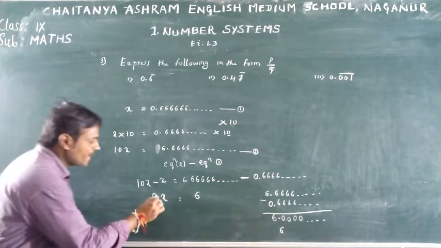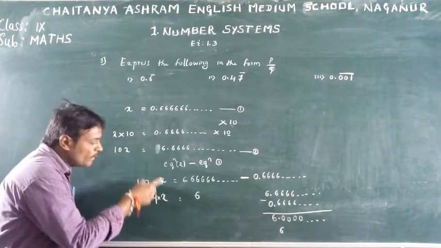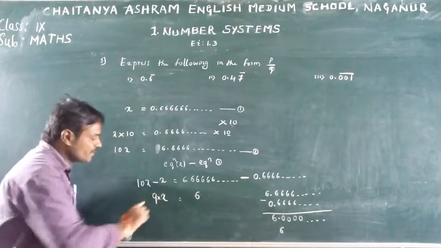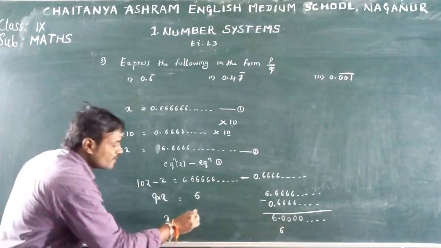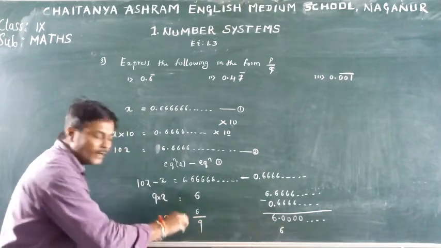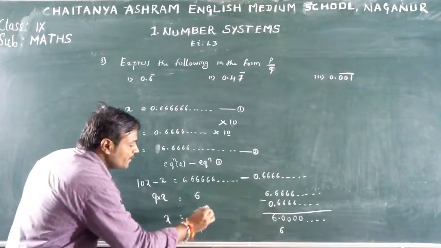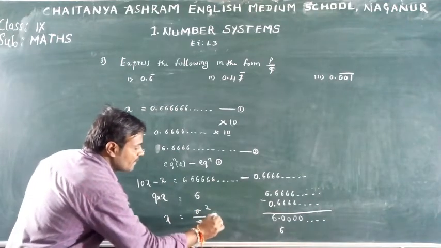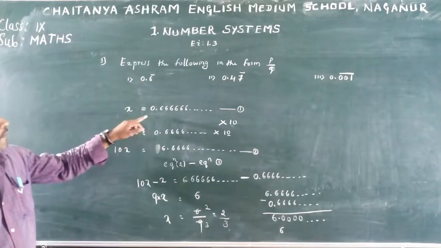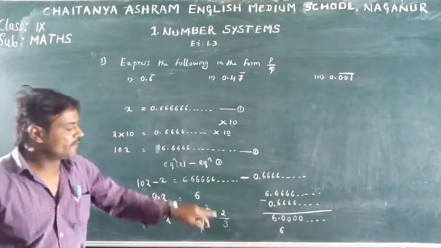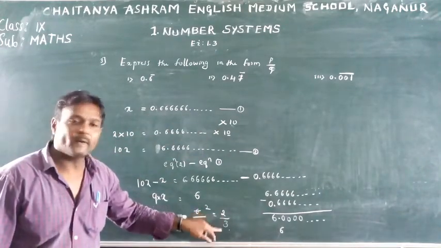Then here 9 is multiplied with x. We want that x. Yes, shift this 9 to the right side. This becomes division, 6 by 9. Write it in simplest form. 3 twos are 6, 3 threes are 9. So 2 divided by 3. Yes. So what is its p by q form? Its p by q form is 2 by 3.